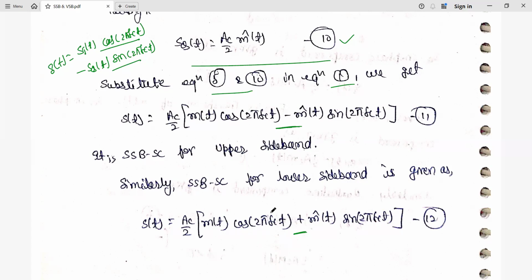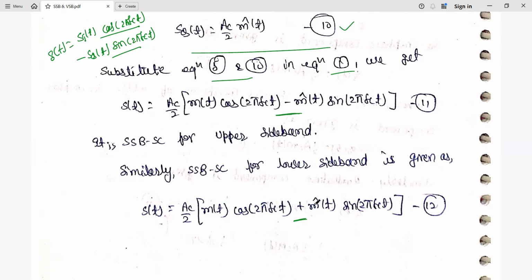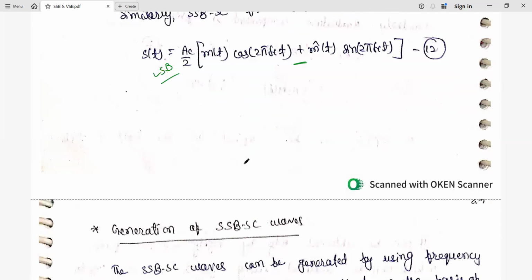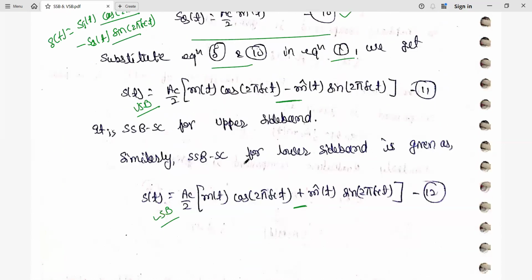So when we have a negative sign between the in-phase and quadrature parts, it is the upper sideband, and when we have a positive sign between the in-phase and quadrature parts, that is going to represent the lower sideband. So this is S of t, that is the USB, upper sideband. This is S of t, that is the LSB, lower sideband. So this is the discussion about SSB-SC time domain and frequency domain representation.